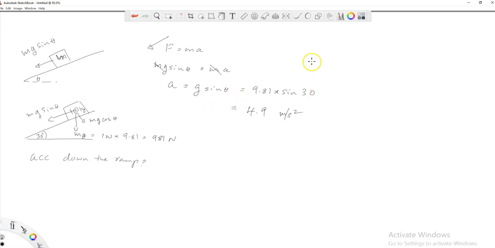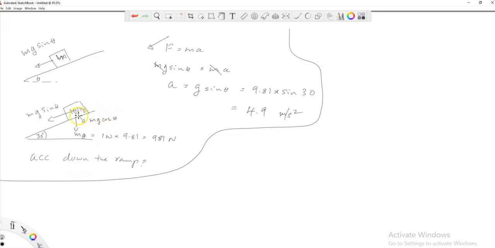Okay, so let's try another example. This time, let's modify this same problem. You have this box on the top of the ramp, and the ramp is 30 degrees, no friction. Remember, this is simple because there is no friction.